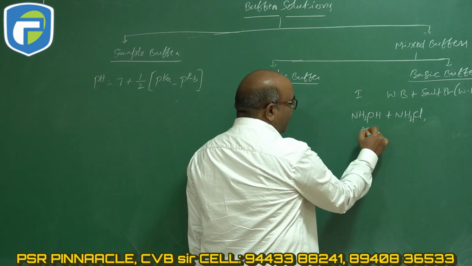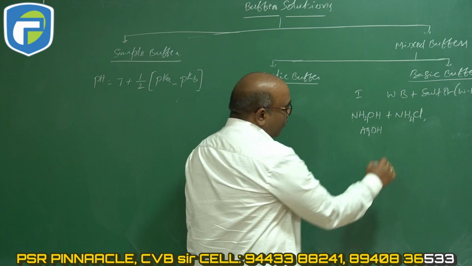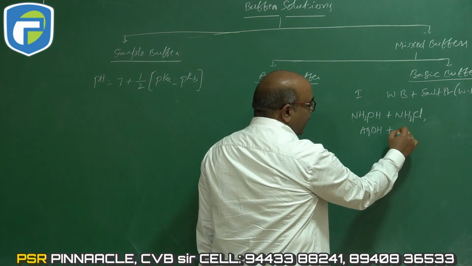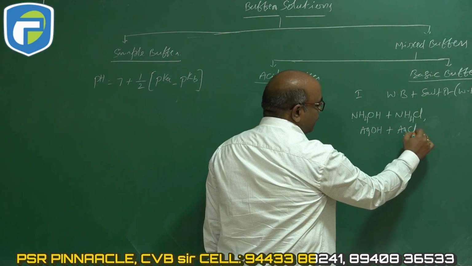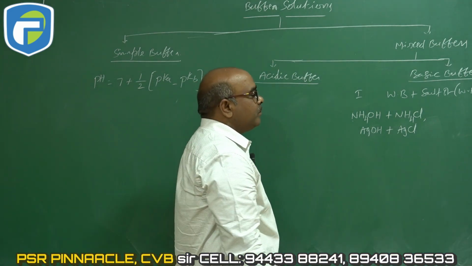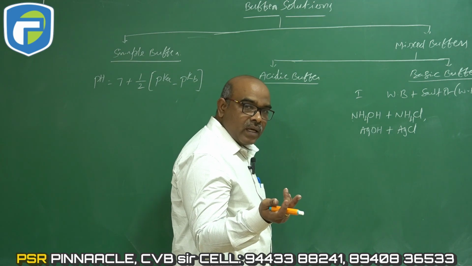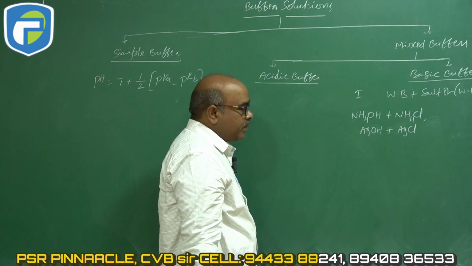For example, AgOH is a weak base. When it reacts with HCl, AgCl is formed. So this acts as a basic buffer. Or otherwise, an excess amount of weak base and a less amount of strong acid is mixed.